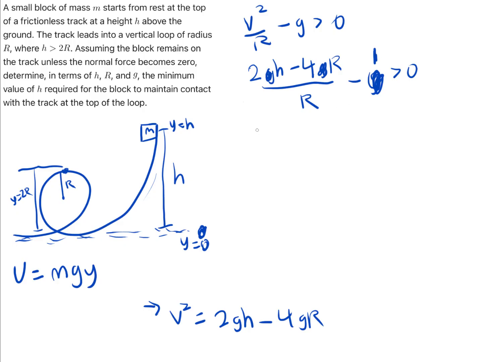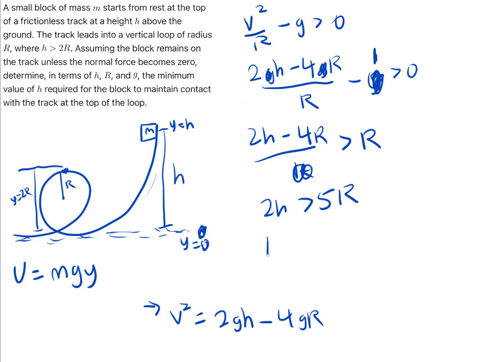So now let's add 1 to both sides. So 2h minus 4r over r is greater than 1. Multiply both sides by r. And then we can add 4r to both sides. And our final answer is that h is greater than 5r over 2.